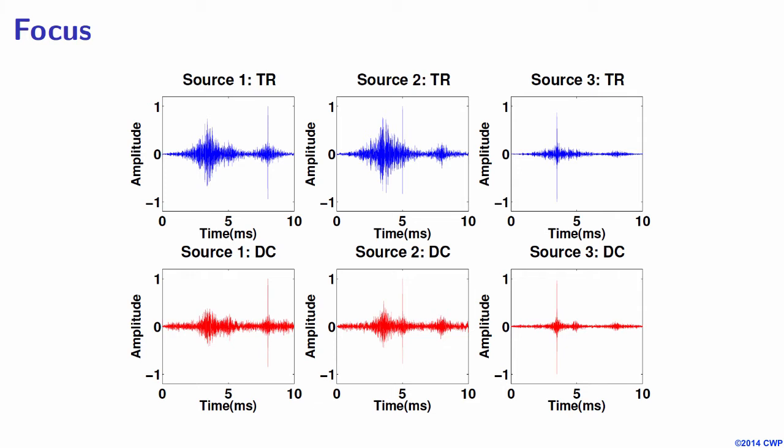Now there are quite a few notes to make about these results. Firstly, most excitingly, deconvolution works for multiple sources. You can clearly see that we're able to focus the wave field at the correct transducer at the correct times. Now another thing to point out, you can note that the energy of this wave field being back-propagated into our concrete block is focusing at different transducers at different times. For example, on our first transducer, at 3 milliseconds, you can see some kind of energy trying to focus for both deconvolution and time reversal.